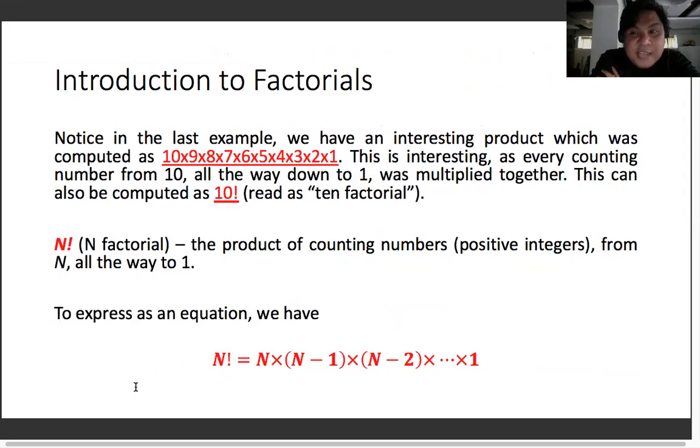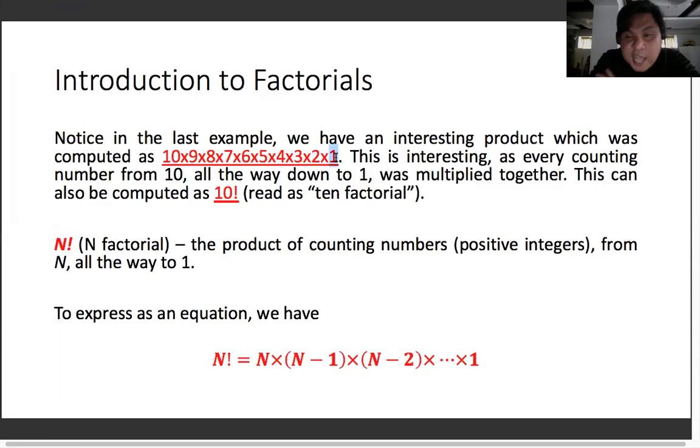In the last example, in question A, we were supposed to arrange those 10 students. The way we computed it is because there were 10 of them, and we had to use all of them. So we started with 10, then we kept multiplying all the way until we got to 1.